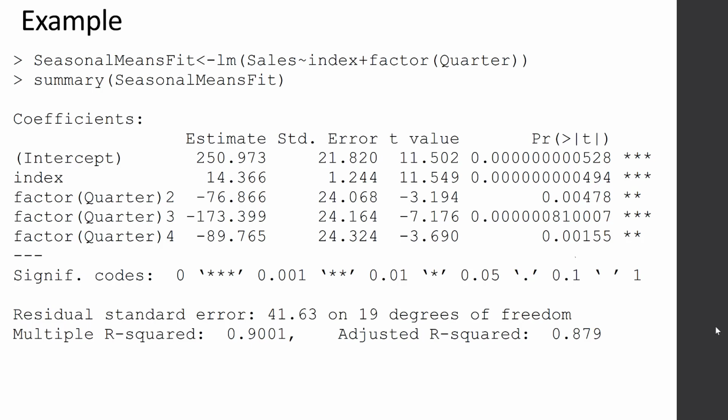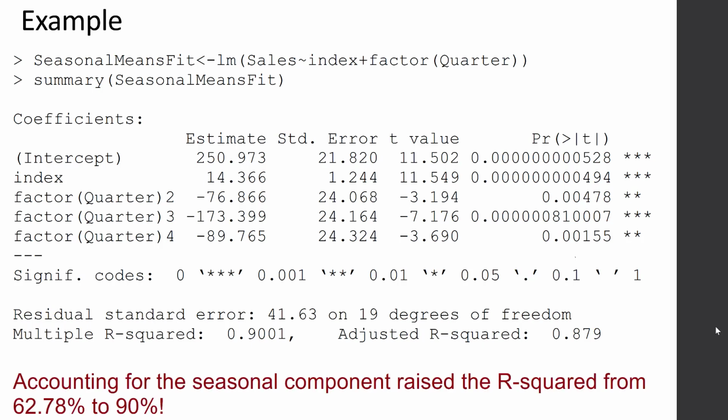So here's the output, and we can see that the R squared went all the way up to 90%. This is a very big improvement over just our trend model that we fitted before. So obviously, taking into account the seasonality is helping account for a large portion of the variability in these data.